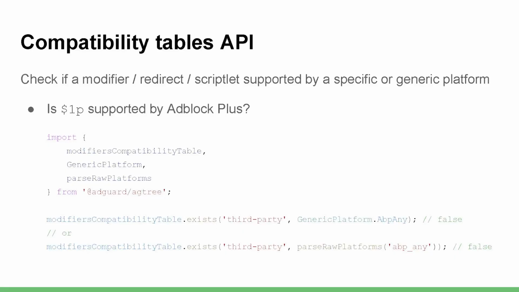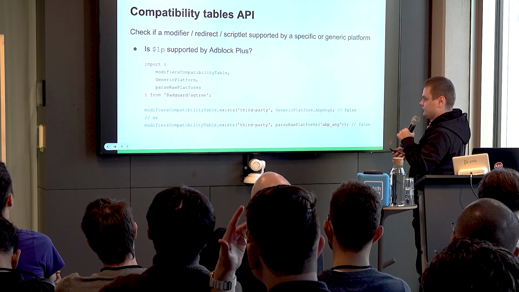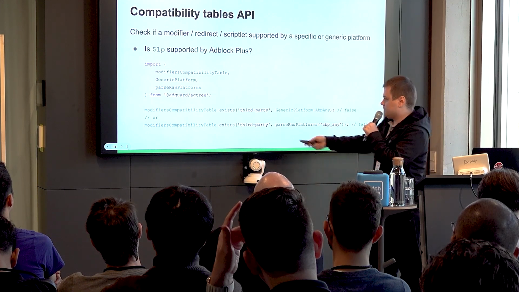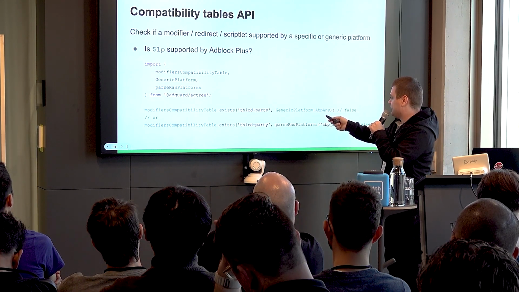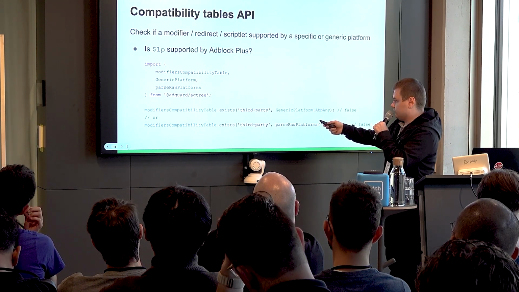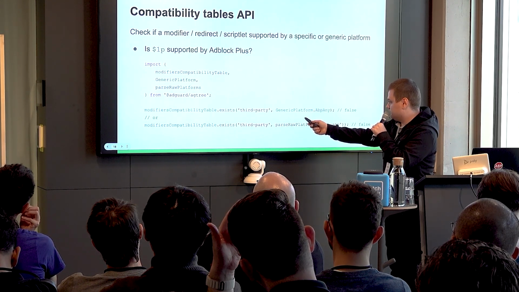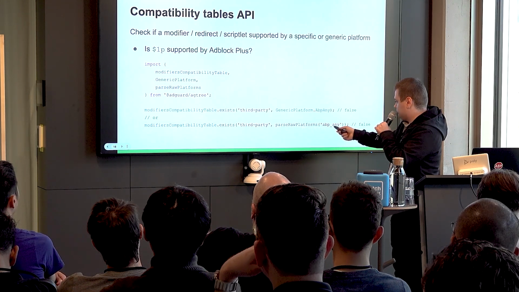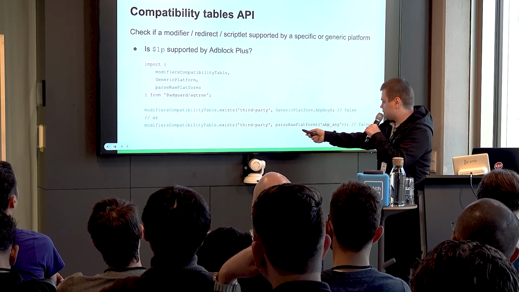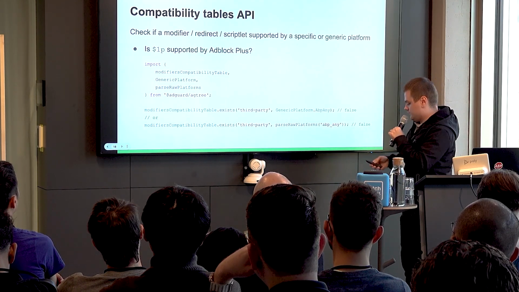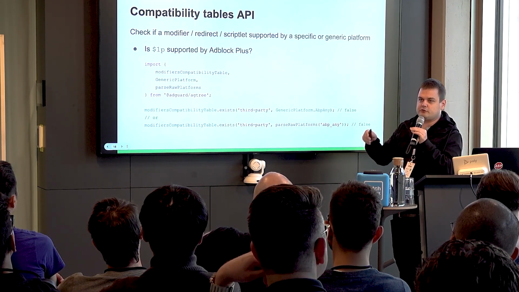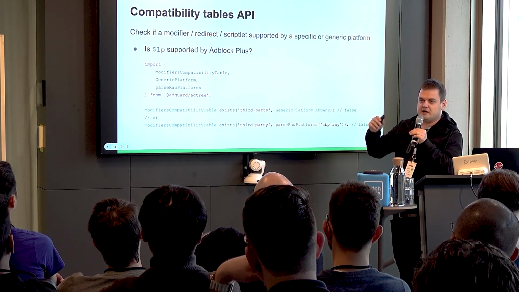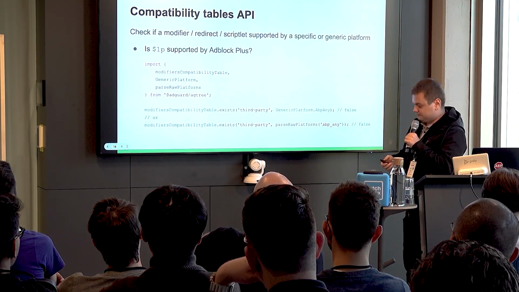And you can do it more strictly, if you are interested, for example, in whether third-party is supported by any AdGuard product. Or you can use a helper function, parse row platforms, which basically parses the syntax from the YAML files. Because in the YAML files we have a small syntax, you can combine the platforms.